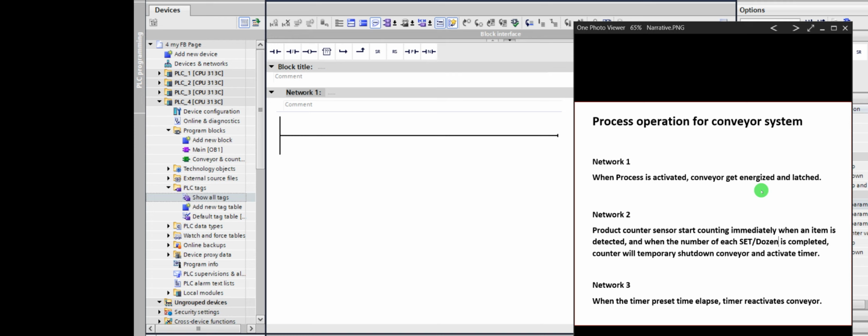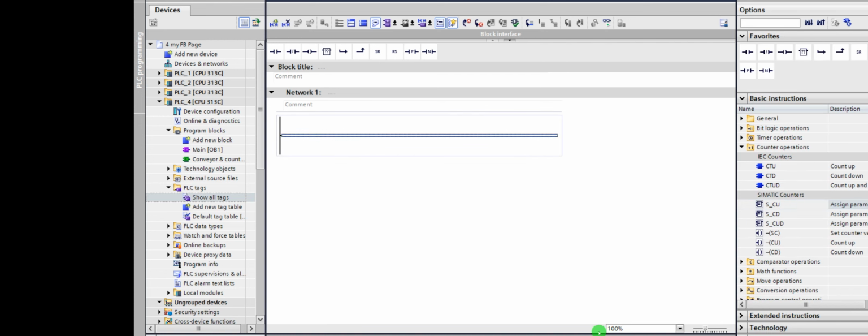And that same conveyor is going to be latched, meaning that it's going to remain on, but it's not going to remain on indefinitely. It's going to remain on waiting for another instruction from another network to commence. Okay, so let's do that now.